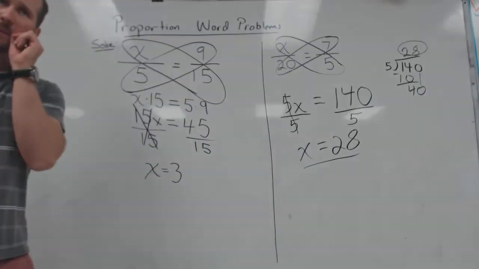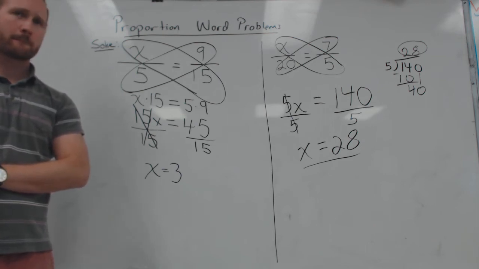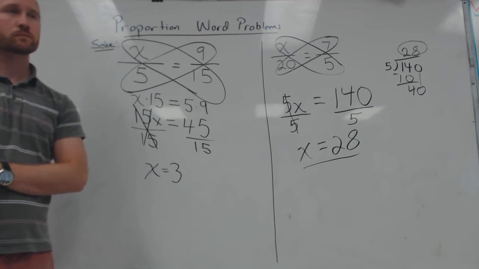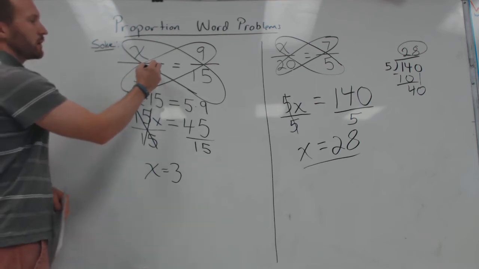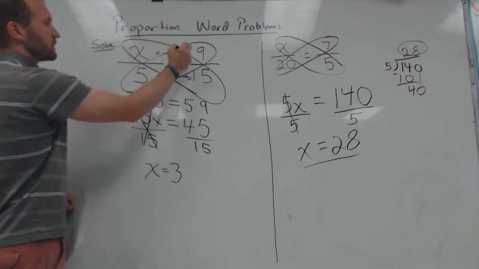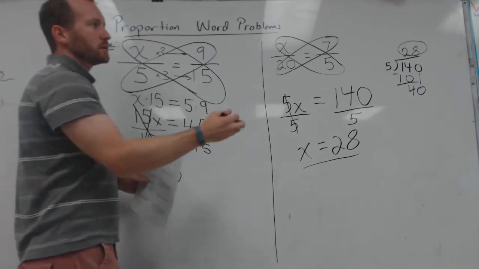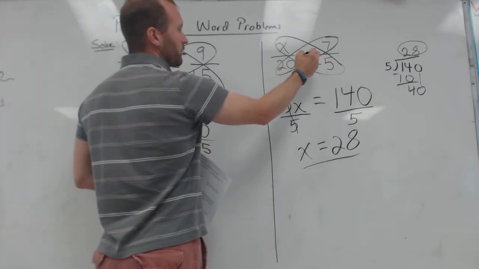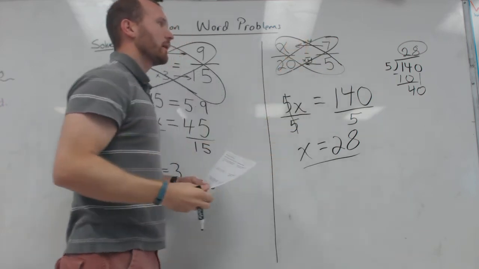Also, do we have to do it this long way, or could we just say, okay, I see that 5 times 3 is 15, so you're just going to do 9 divided by 3? Yeah, there are some patterns with proportions, and I love it if you see a pattern and you can use it. So, right, 5 times 3 gives you 15, so x times 3 has to give you 9. You could solve it that way. You could solve the other one by saying 5 times 4 gives you 20, and 7 times 4 gives you 28.